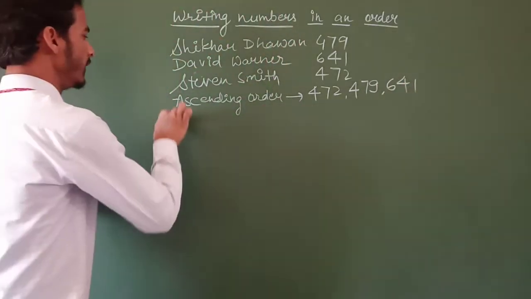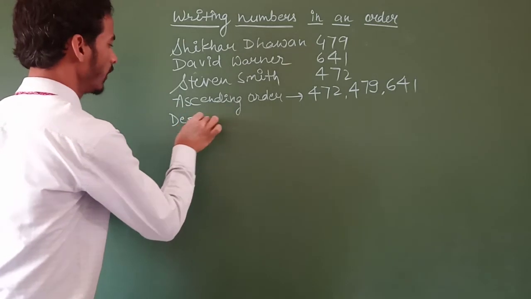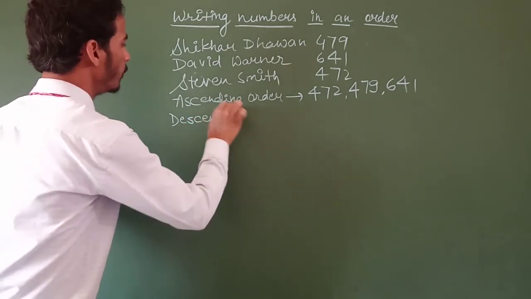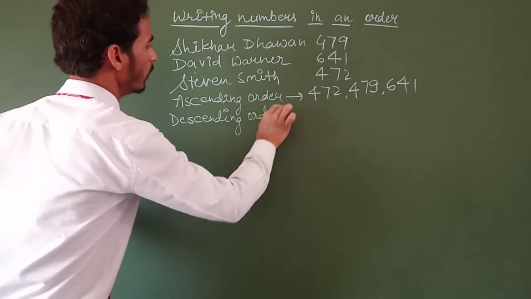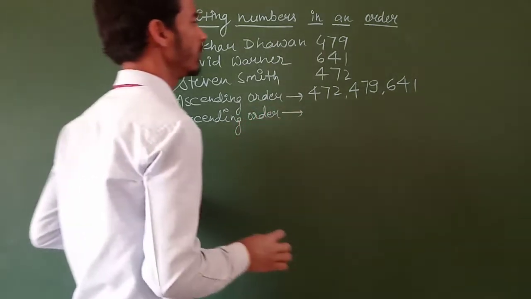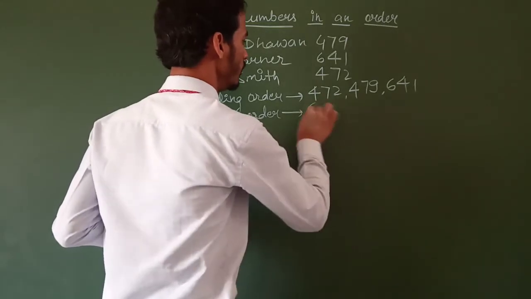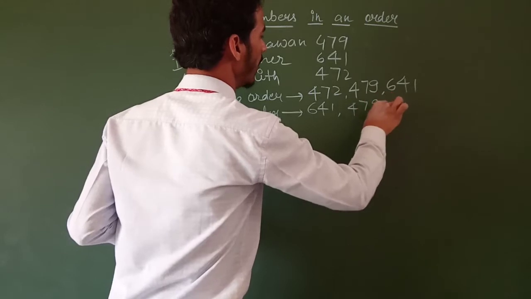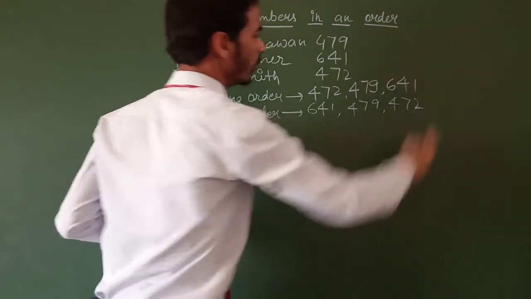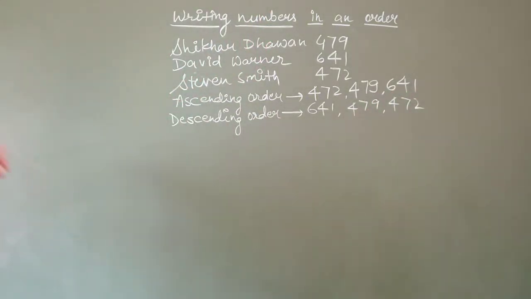And when we write in descending order, that will be the opposite form of ascending order. So we have to write greatest to smallest. So there will be 641, 479 and 472. Okay, these numbers are arranged in ascending and descending order.